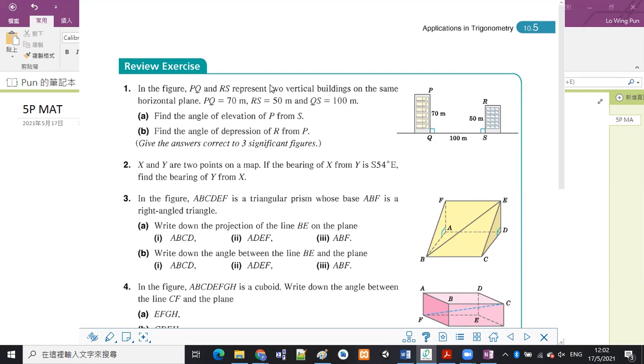So this is my eyesight. Originally, it is looking towards the horizontal, and then when I am turning my head upwards, it is like this. The angle that I have turned is called the angle of elevation.